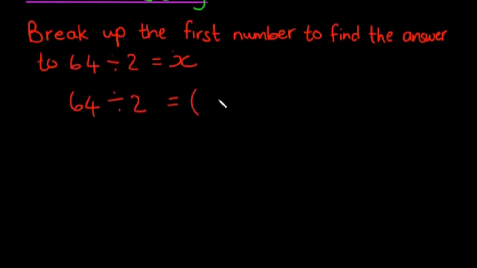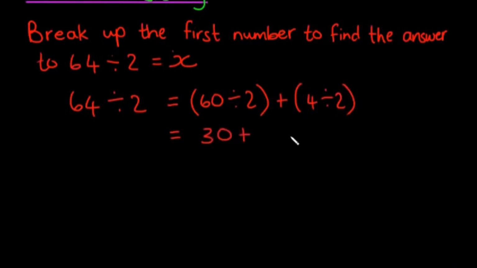So I have 60 divided by 2 plus 4 divided by 2. 60 divided by 2 is going to give me 30. 4 divided by 2 is going to give me 2. So x over here is equal to 32. So just remember, this is another way of pointing out what we need to find out.